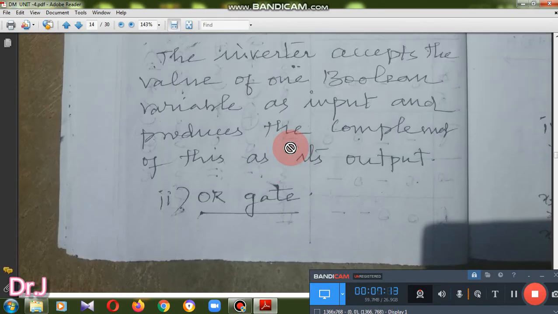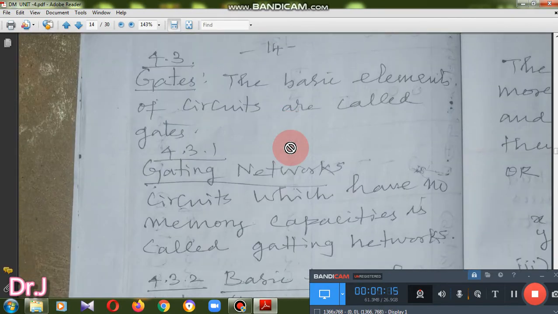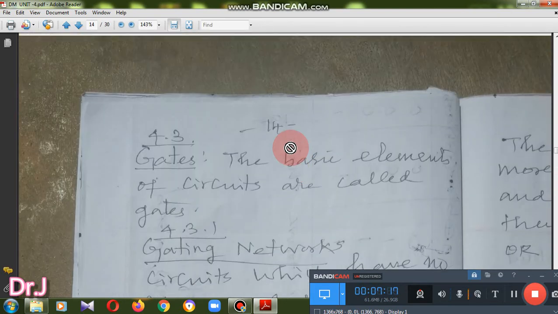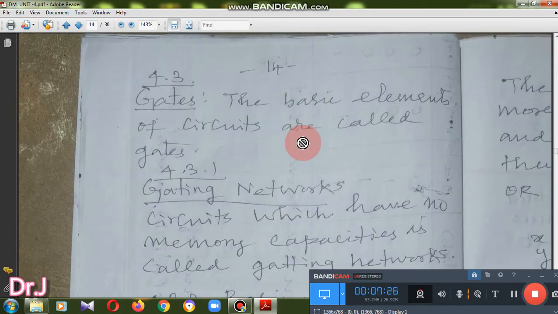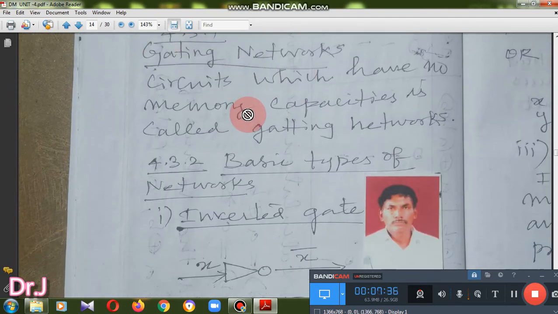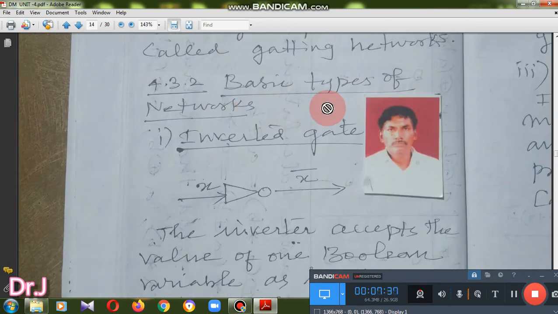So many gates are there, and definitions also. Just a recap: a gate is nothing but a network which determines or makes a Boolean expression. So there are many gating networks.